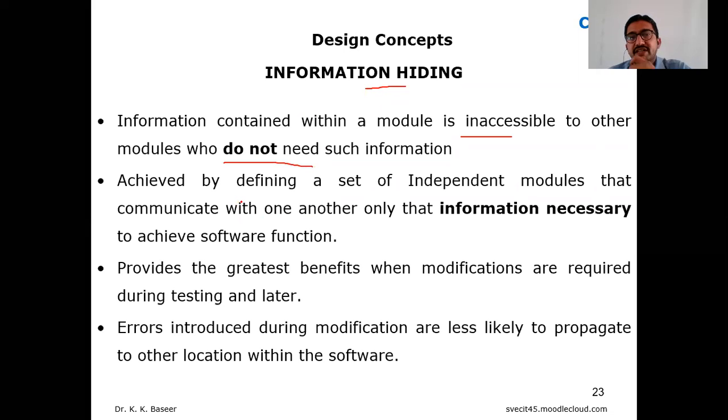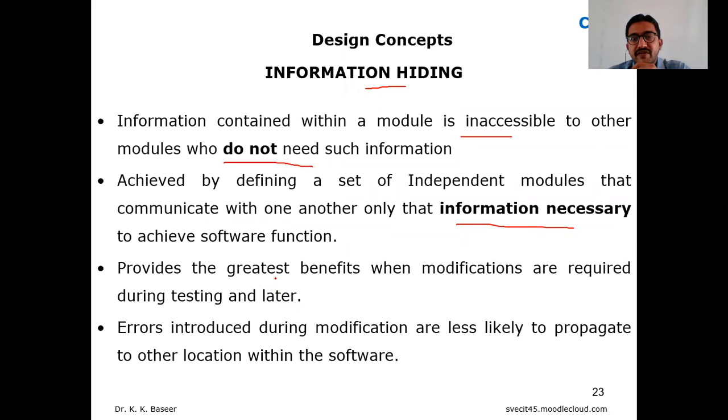It is achieved by defining a set of independent modules that communicate with one another, only with the information which is necessary to achieve that software functionality. If you provide this, you get the greatest benefit when modifications are required during testing and later, because if you hide that type of thing, it is very beneficial.